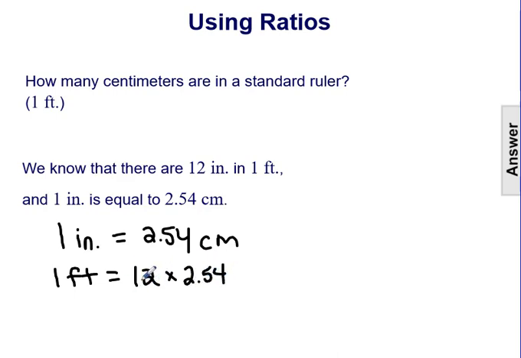Since there are 12 inches in a foot, we would have 12 of the 2.54 centimeters, which is going to equal 30.48 centimeters. So there are 30.48 centimeters in a standard ruler.